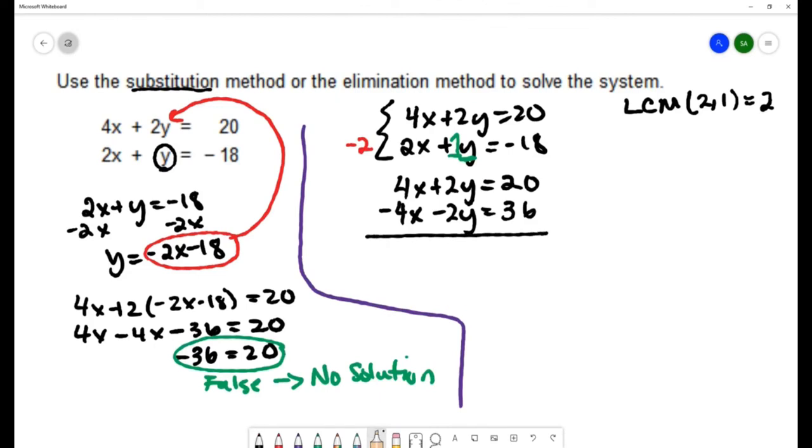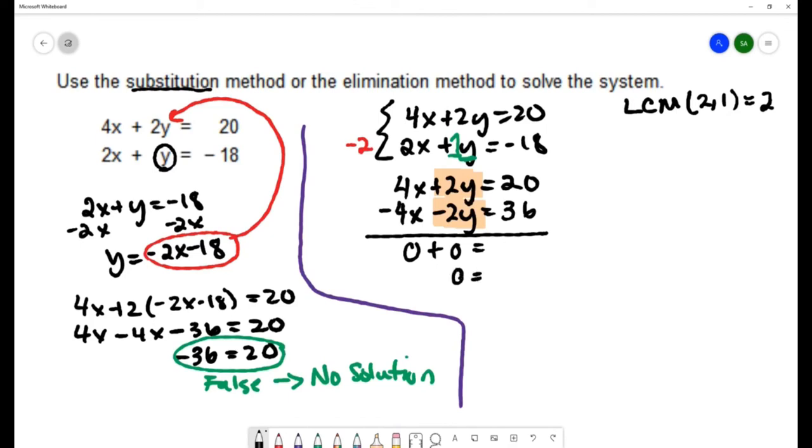Now I only planned to eliminate y, but you can see that both x and y eliminate. 4x minus 4x is 0, 2y minus 2y is 0. So on the left-hand side, all the variables cancel out and we're left with 0.